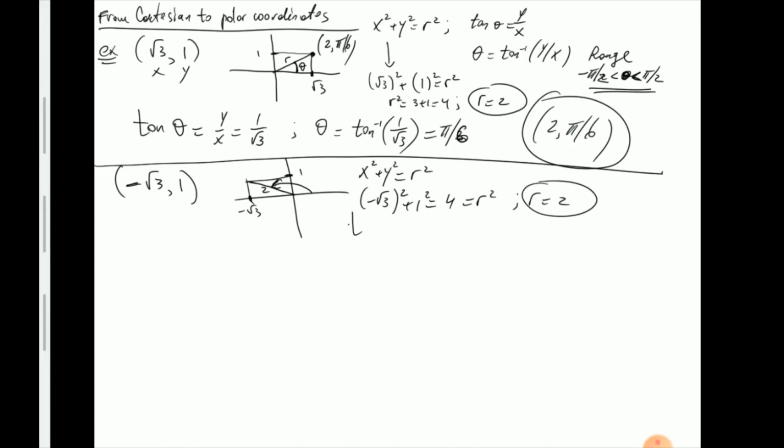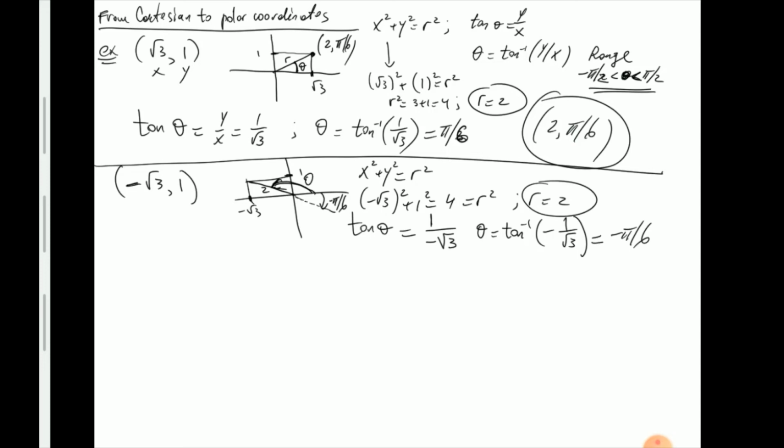But when you take the tangent of theta, which is again y over x, and use the calculator to compute theta, the calculator will give you minus pi over 6. Look carefully at the picture: it gives you this answer, but obviously you need this one.